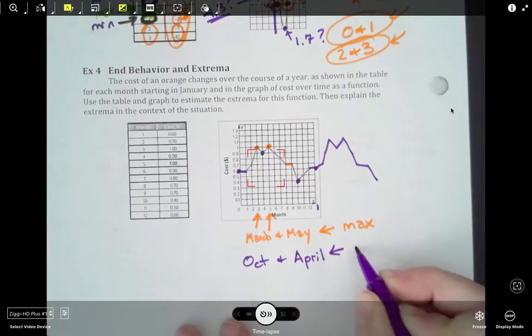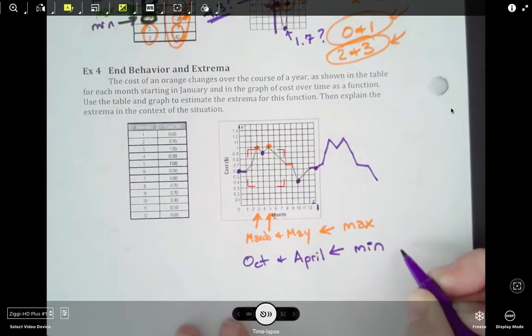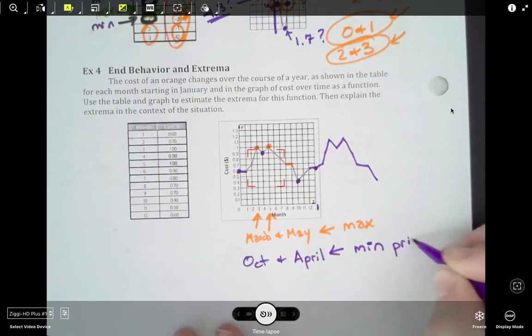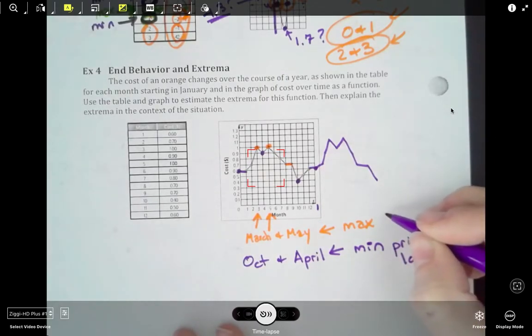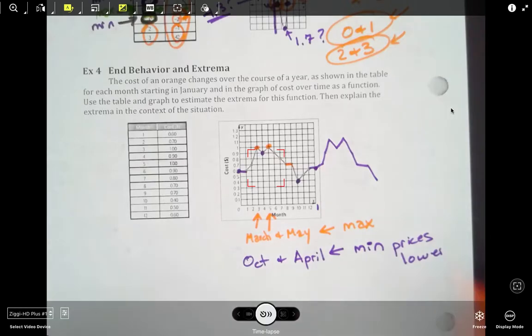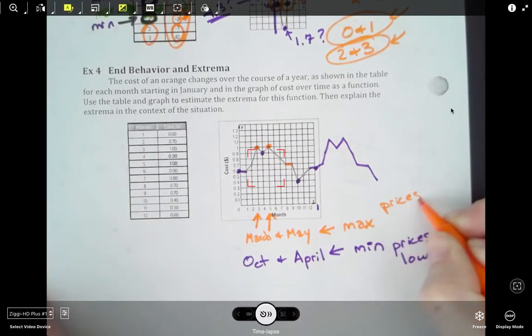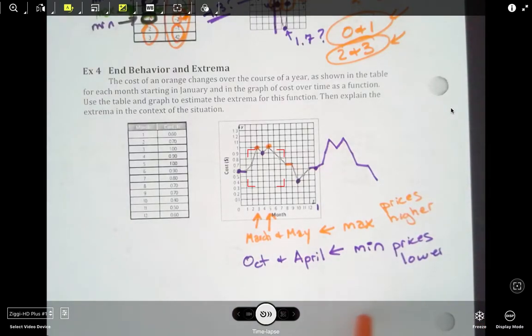Those are going to be minimums. So this is where prices are lower, and these are where prices are higher. Prices dip a little bit in relationship to all the other points around it, and then prices are a little higher than what it was the month before and the month after.